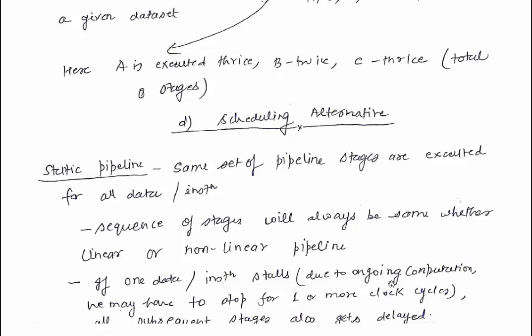All subsequent stages would also get delayed if you stop for one or more clock cycles. So this is the description of stalls: if you stall for one data or instruction, all the stages would be delayed by that many clock cycles.